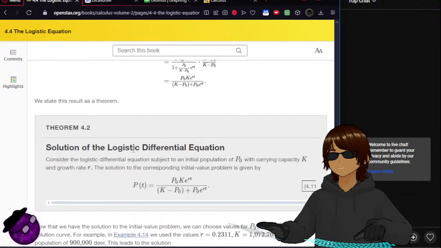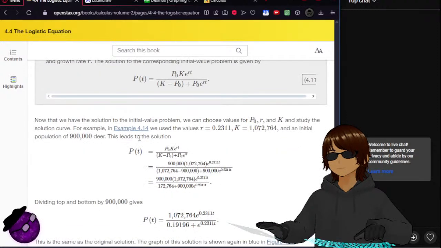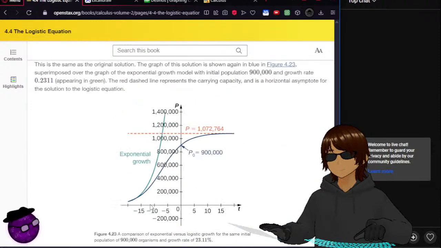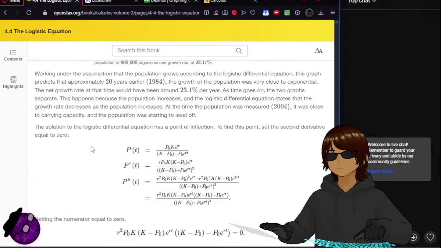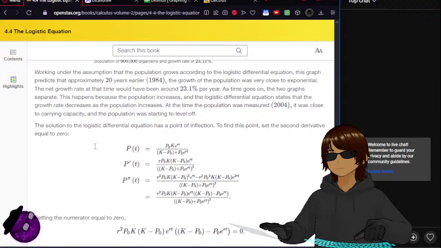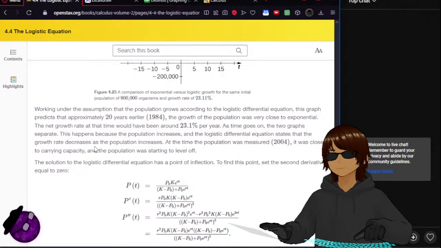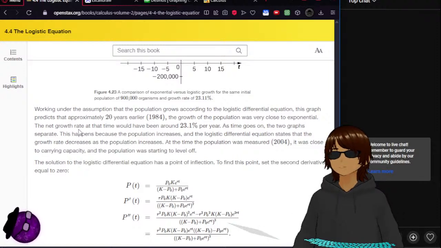Here. A solution to the logistic differential equation is this. Working under the assumption that the population grows according to the logistic differential equation, this graph predicts that approximately 20 years earlier, the growth of the population was very close to exponential.